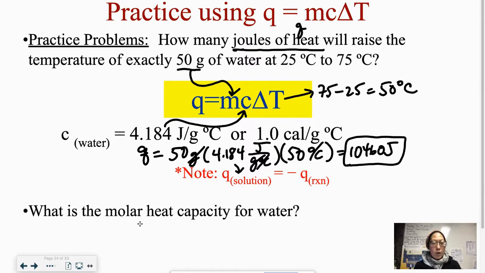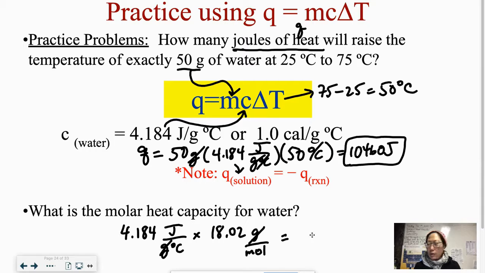Here, for the molar heat capacity for water, if we start off with the specific heat of water, 4.184 joules per gram degree C, and multiply by the molar mass of water, 18.02 grams per mole, the grams cancel out, and we will get 75.40 joules per mole degree C, and there's our molar heat capacity.